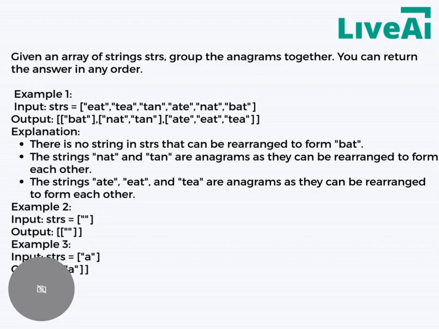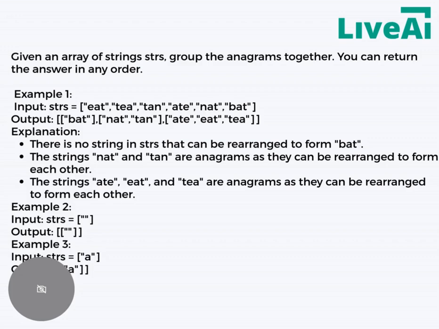And then the strings ate, eat, and tea are anagrams as they can be rearranged to form each other. And in example 2, even if you have a blank string, it should also return it as a list within a list. And even if you have only one single character, it will return a as a list inside a list.